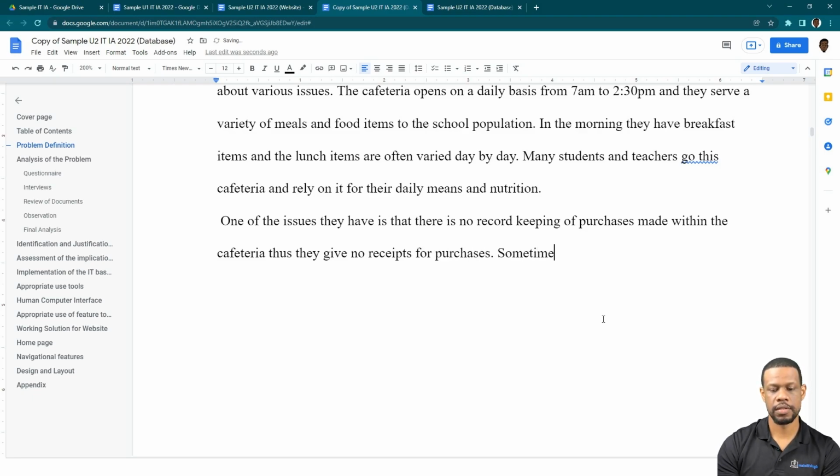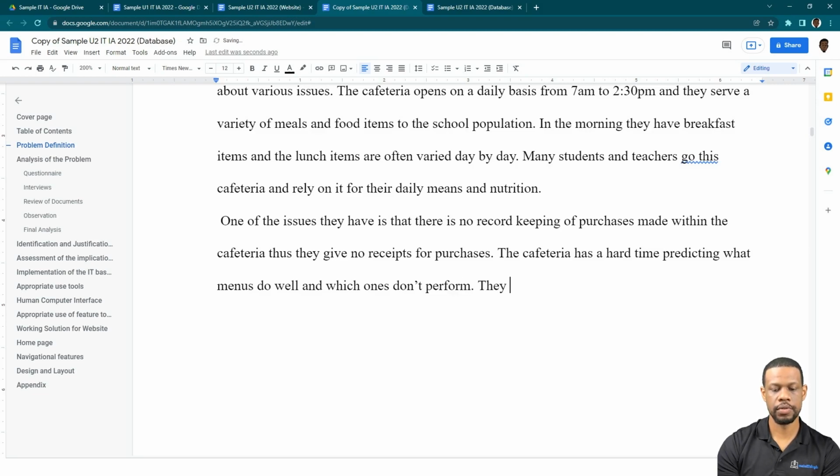Sometimes students who make purchases don't get their purchases. The cafeteria has a hard time predicting which menus do well and which ones don't perform.